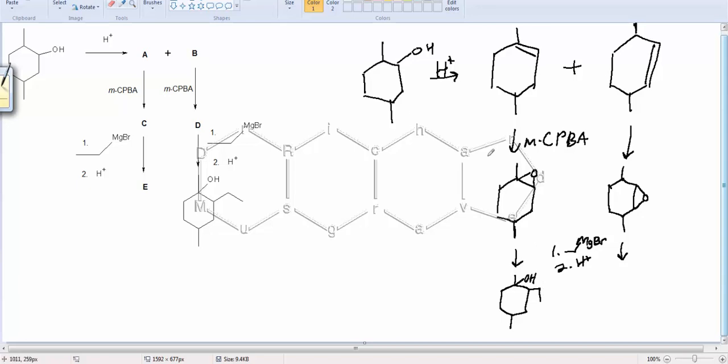The other product we're going to get, we could attack this side or we could attack this side, because this epoxide is symmetric. If you look closely at it, you'll see there's a plane of symmetry down the center. So it doesn't matter which side I attack here, it's going to give me the same product.